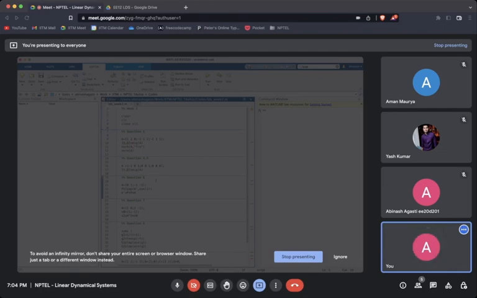So we had this matrix A, 0, 1, minus 1, minus 1. All right. Now we'll use a function, namely lyap. I'll show you what it is.